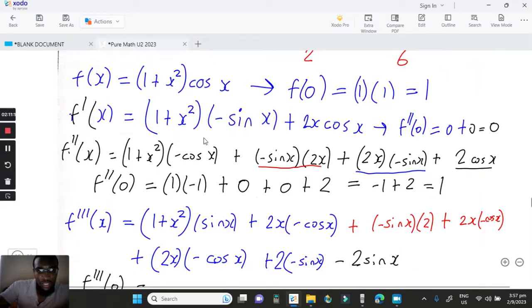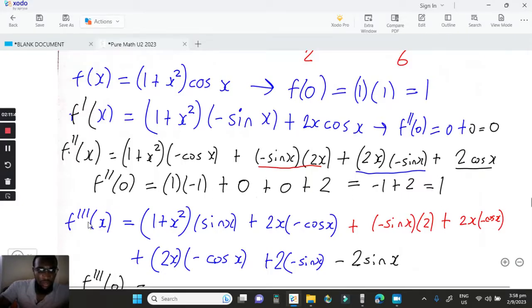Keep first, differentiate the second, plus keep second, differentiate the first, plus keep the first, differentiate the second, plus keep second, differentiate the first. That's good. Plug in the zeros now. That's 1. This is now negative 1. That's 0. That's 0. That is 2. So that's 1.